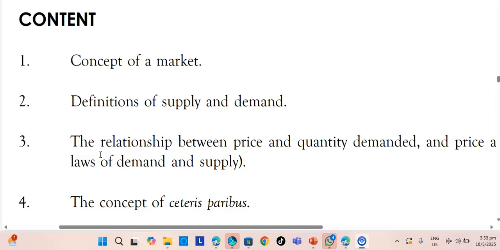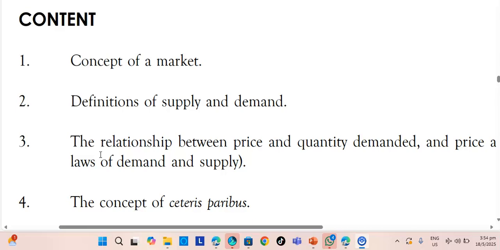Let's look at an example of demand. If the price of ice cream drops from $4 to $2, more people may want to buy it because the price has decreased. So the demand for ice cream increases as the price falls.